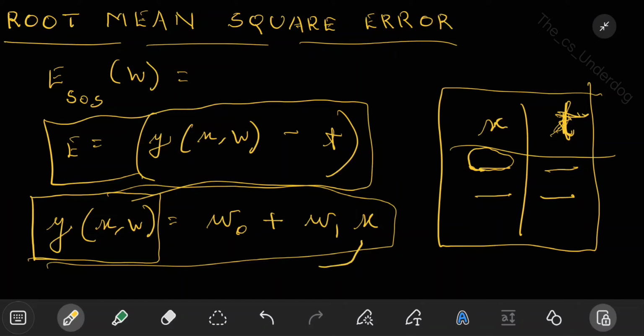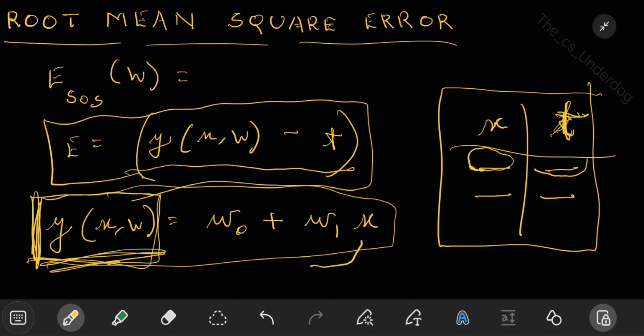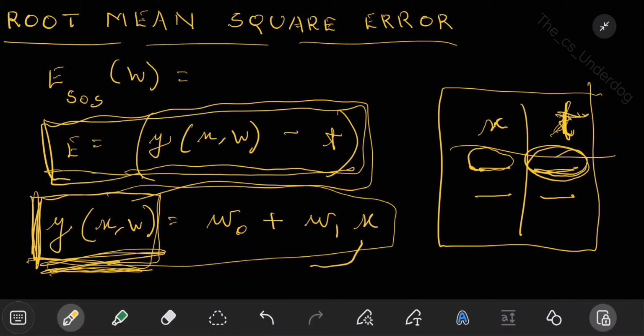For that value of x, you will find the value of y. Then to find the error term, you will check the difference between the value of y that you found and the actual value of t. That difference is the error term here, y of x, w minus t.